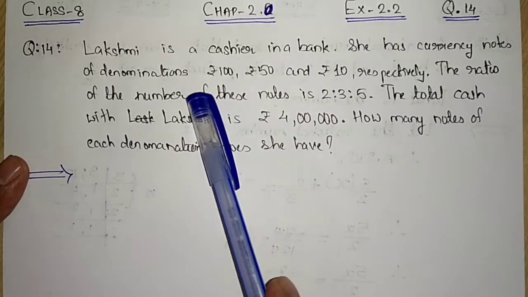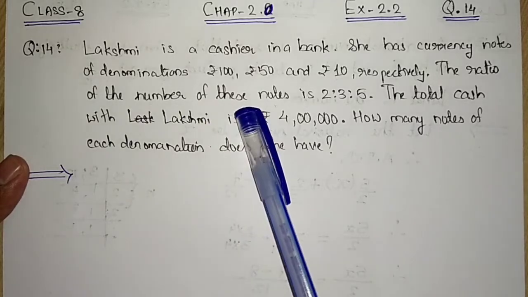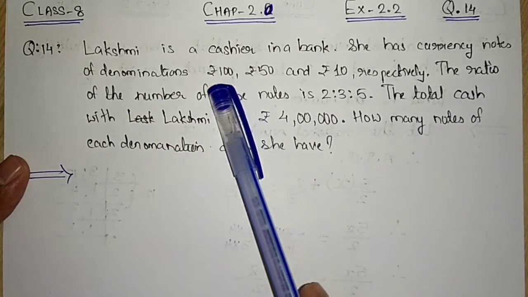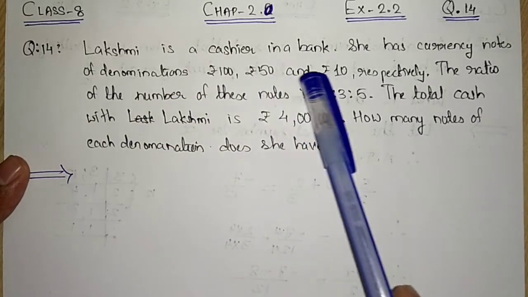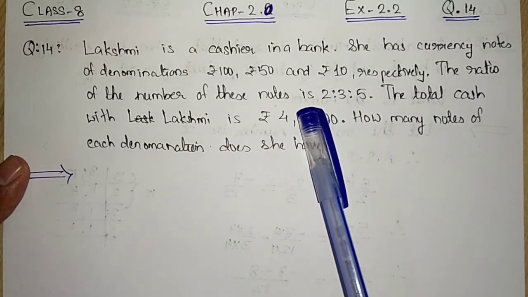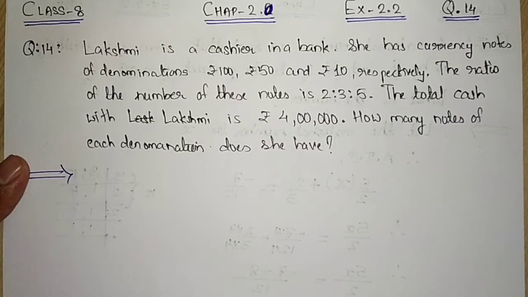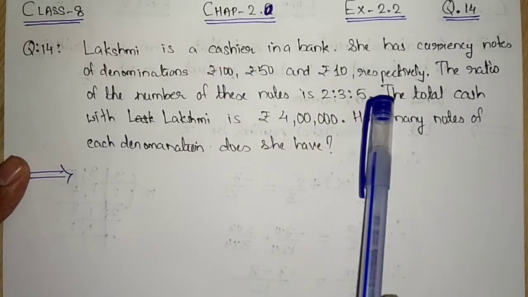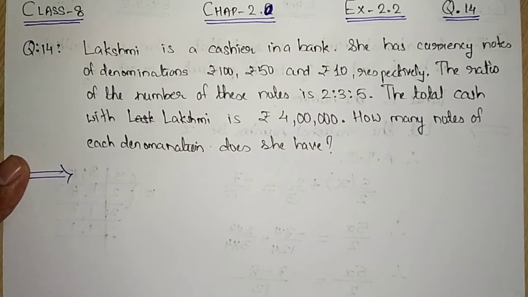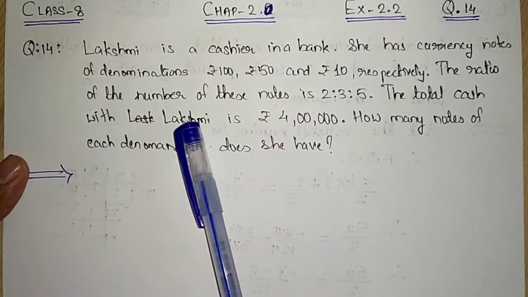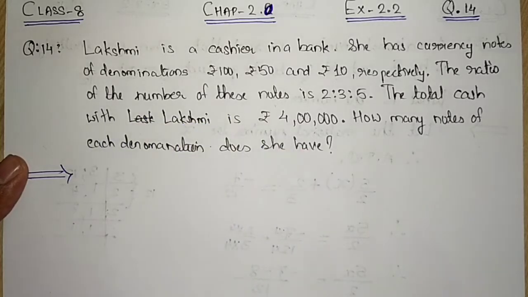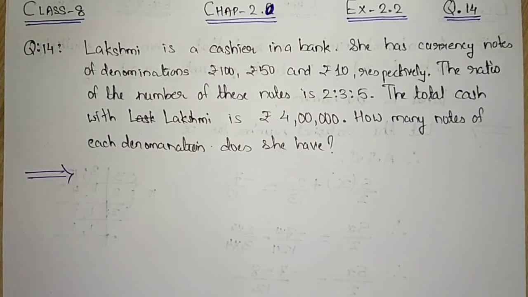One hint is that the number of these notes, that is the number of 100 rupees, 50 rupees and 10 rupees, is in the ratio 2:3:5 respectively. That means 2 for 100, 3 for 50 and 5 for 10. And the second hint is that the total cash with Lakshmi is rupees 4 lakh.